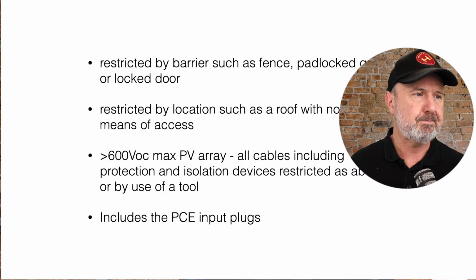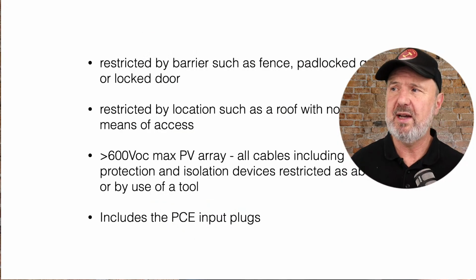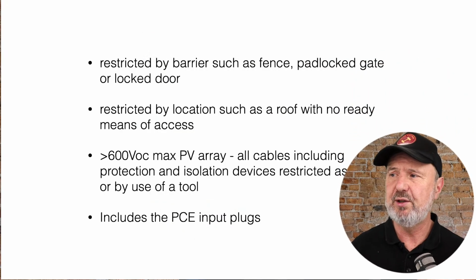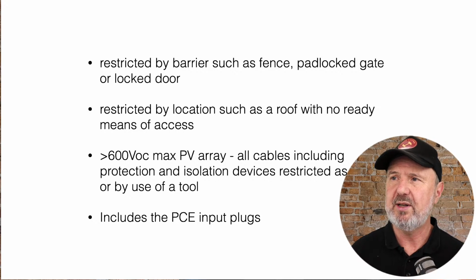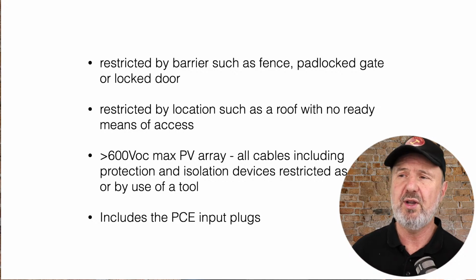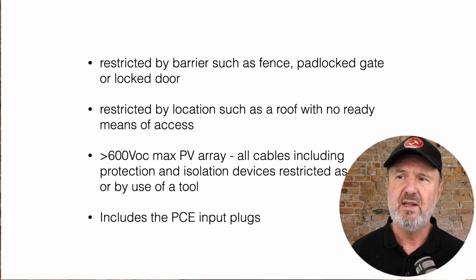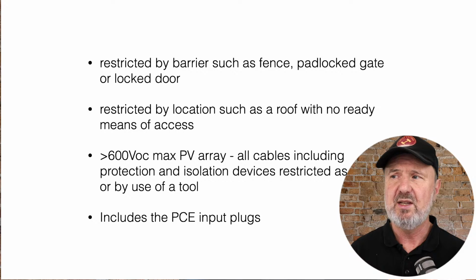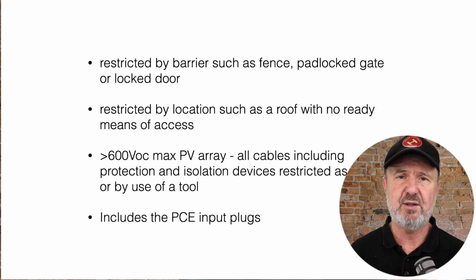So it can be restricted by a range of things, including a barrier such as a fence, padlocked gate or locked door, or restricted by location such as a roof with no ready means of access, i.e. not a permanently fixed ladder. Over 600 volts, all DC cables, including the protection and isolation devices, must be restricted, so access can only be by the use of a tool, and that includes the plugs and sockets.